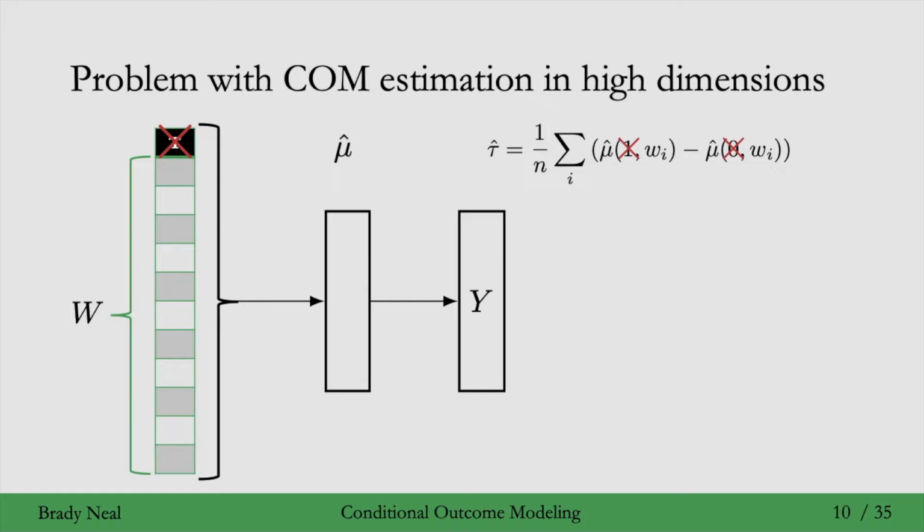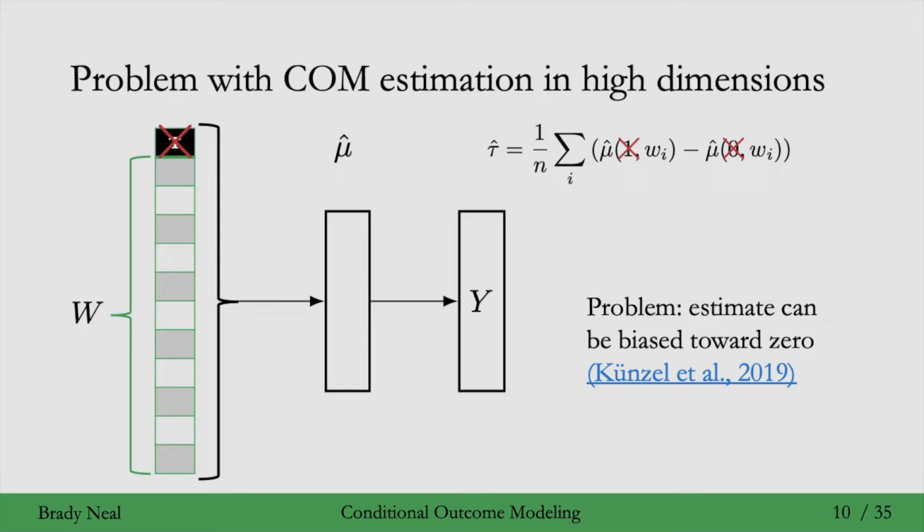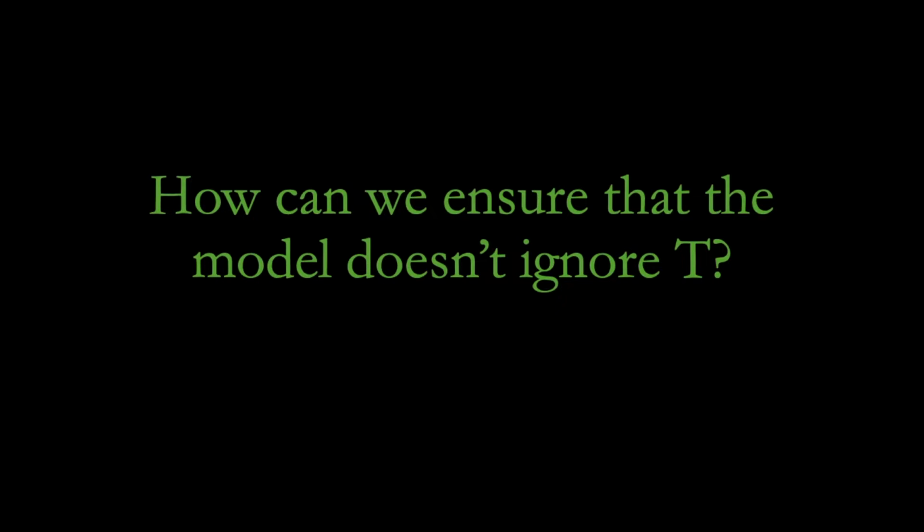So the ATE estimates might be a bit on the small side in absolute value. And in this paper here, they found some evidence for that. So the problem, to recap, is that our models could ignore treatment, leading to estimates of the ATE or CATE that are biased towards 0. This leads us to the natural question: how can we ensure that the model doesn't ignore t?